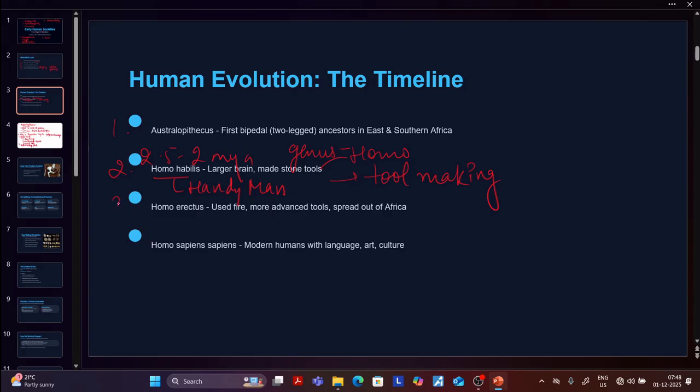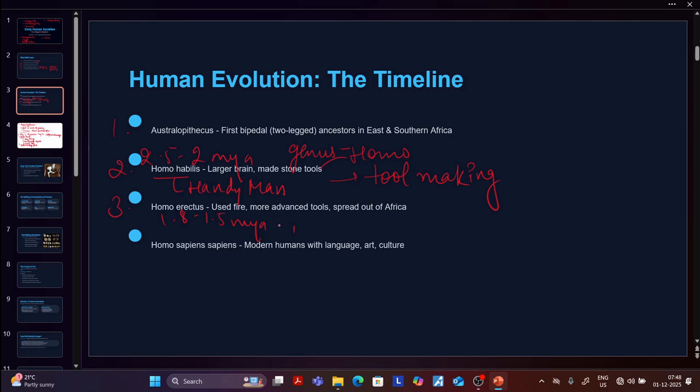Third, Homo erectus, emerging around 1.8 to 1.5 million years ago. Homo erectus is substantially different. Brain size reaches 900 to 1100 cubic centimeters, approaching modern human size.